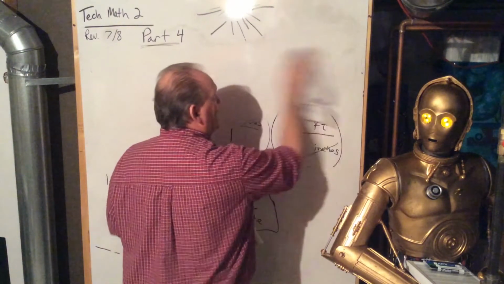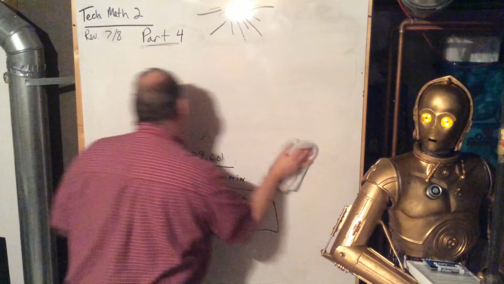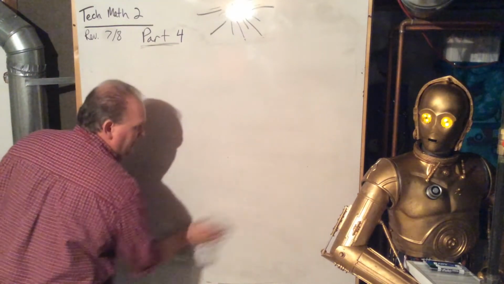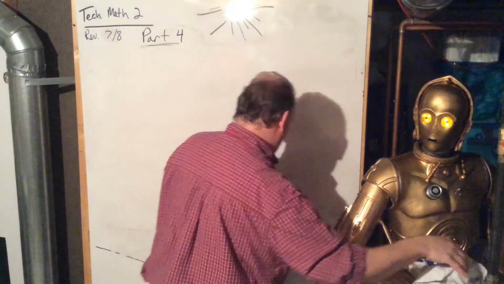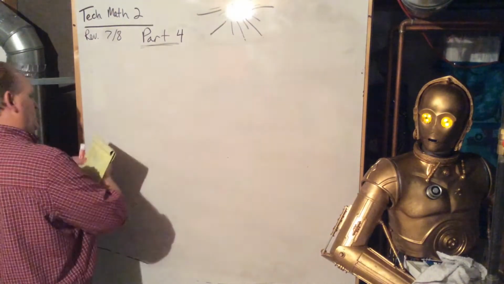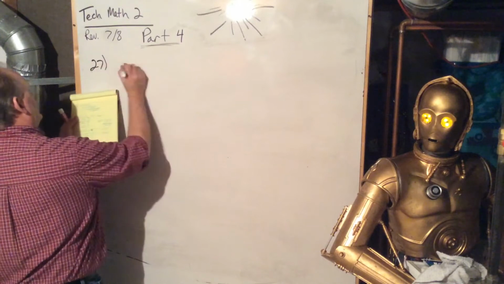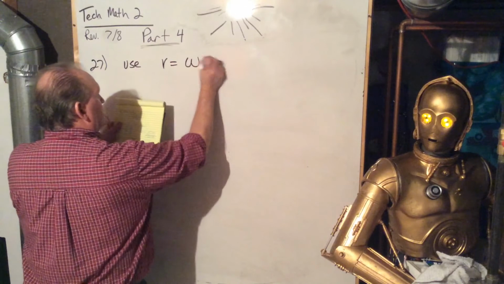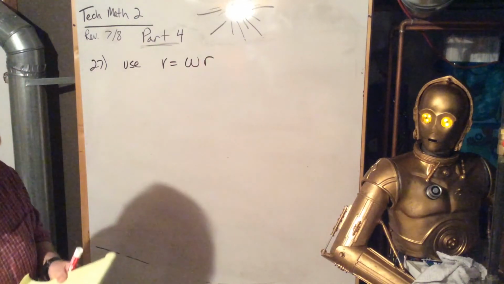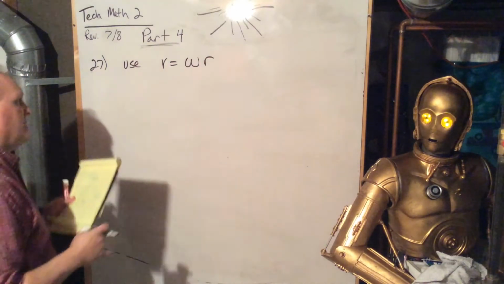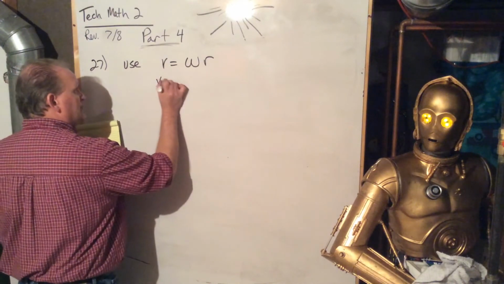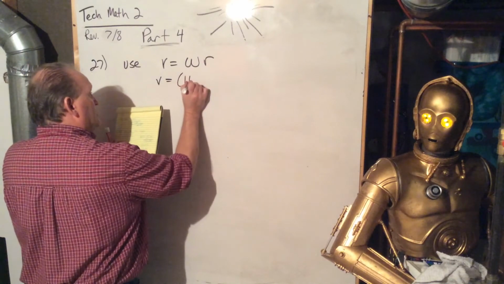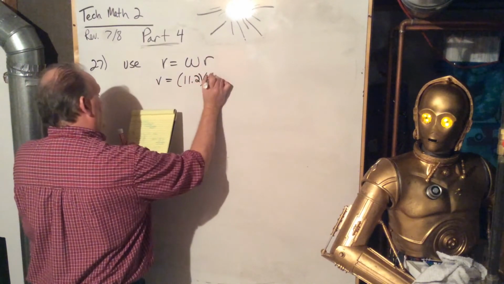So on the test, even on the online test, I'm going to have this big old thing right on the front. So for 27, it's going to say use velocity is equal to the funky W times R. And so this problem ends up being hopefully one of the easiest ones on the test because they give you the W, 11.2, and they give you the radius, 6.15.